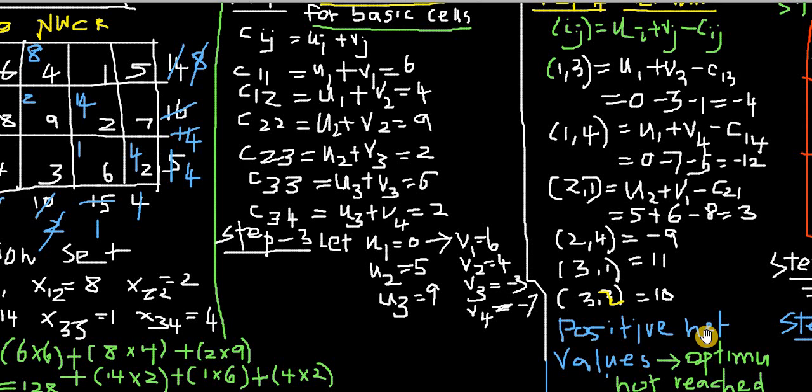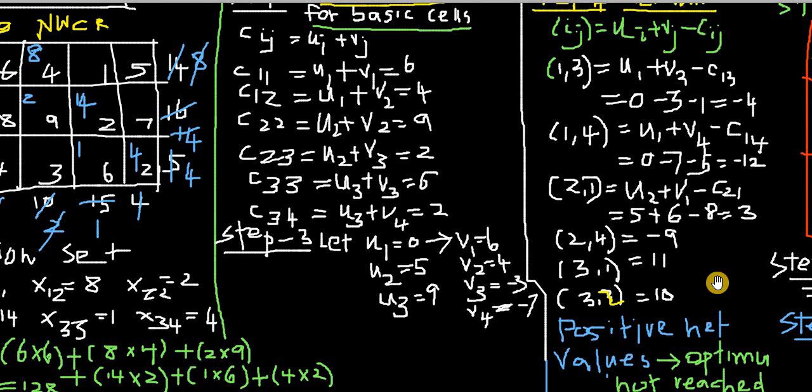Then we say that optimum is reached. All values here, the net values for the non-basic cells: 1 comma 3 comes minus 4, 1 comma 4 comes minus 12, 2 comma 4 comes minus, here 11 comes, here 10 comes. If all values are 0 or negative, then optimum is reached. That's the MODI method's criterion for reaching an optimum.